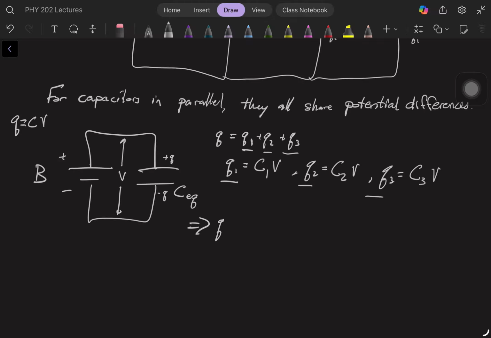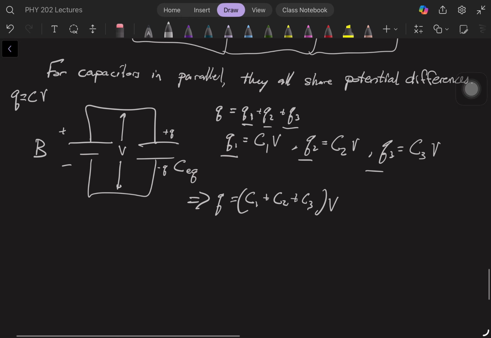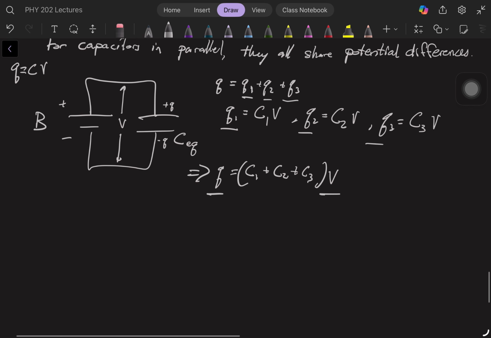Okay. And so then we can take these Q1, Q2, Q3s and plug them into here. And we get Q is equal to C1V plus C2V plus C3V. So we're going to factor out the V, right? Each one's multiplied by V, so we can do that. Okay. And so now we have the total charge and the potential, and we know Q is equal to CV.